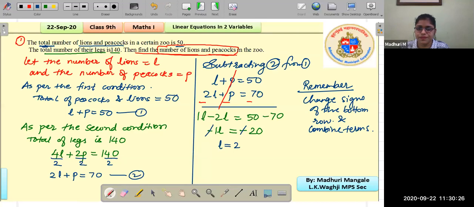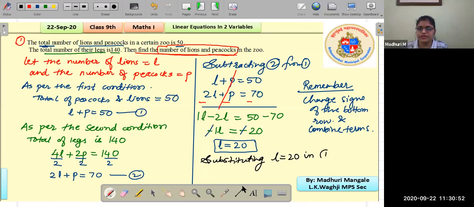And what will be the next step? The next step will be to substitute. We substitute L equals to 20 in any one of the two equations and solve for P. I hope you all are solving with me. Substituting L equals to 20 in, let's use equation 1. So that is L plus P equals to 50.